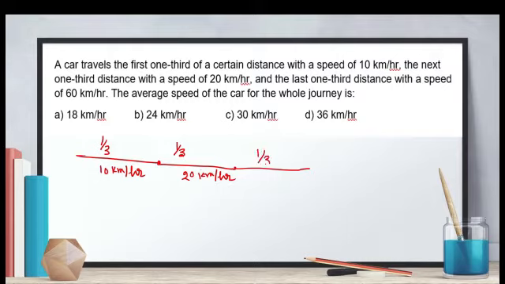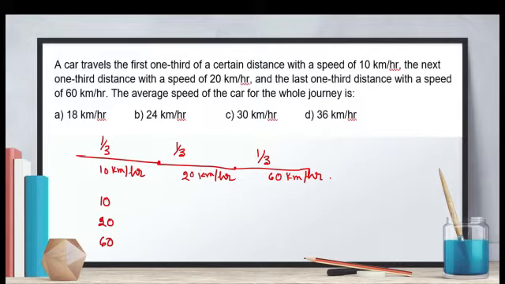And the next one-third distance with a speed of 60 kilometer per hour. Look, here the distance is the same. In every case, the distance is one third of the total distance. First, the speed is 10 kilometer per hour. Secondly, the speed is 20 kilometer per hour. And in the last, the speed is 60 kilometer per hour.